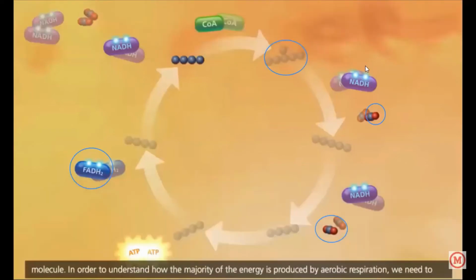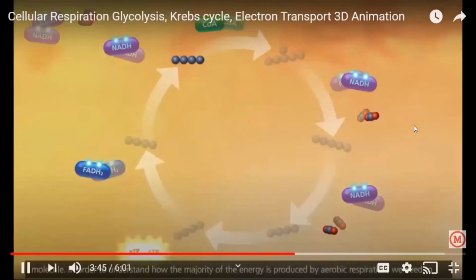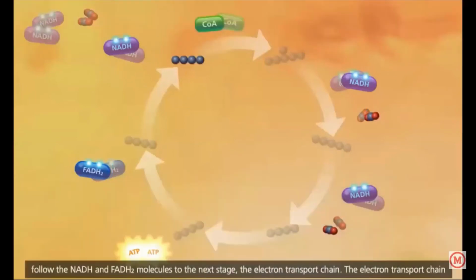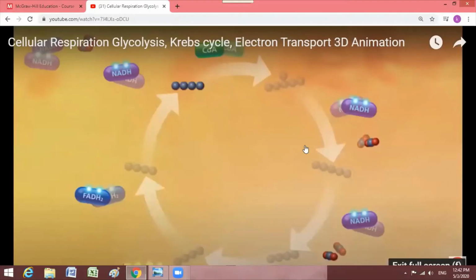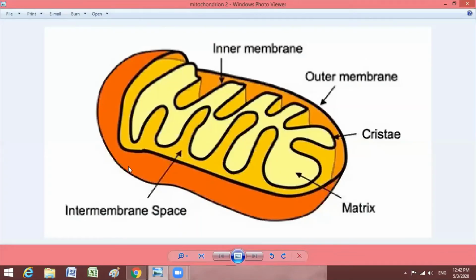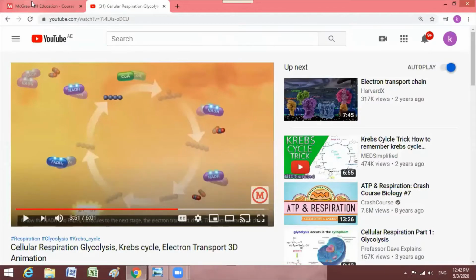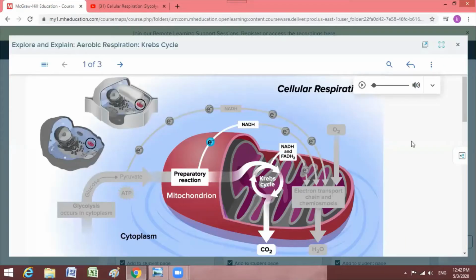To understand how the majority of the energy is produced by aerobic respiration, we need to follow the NADH and FADH2 molecules to the next stage. Okay, so let's go back to our figure here.